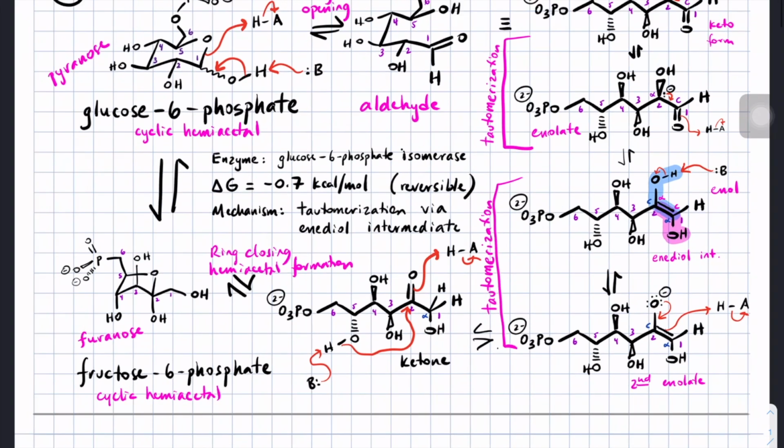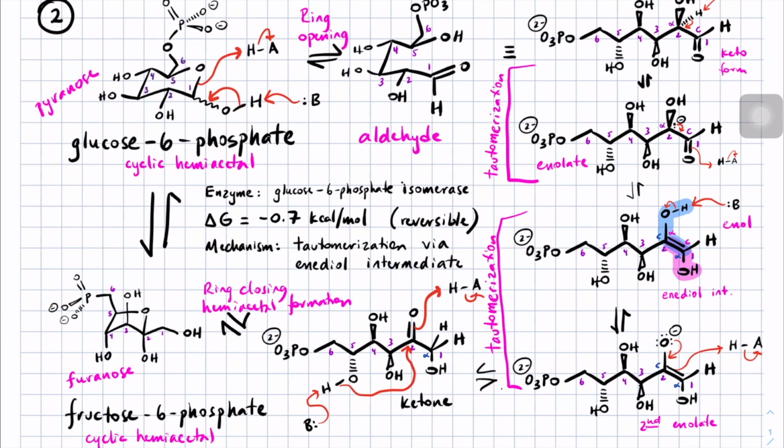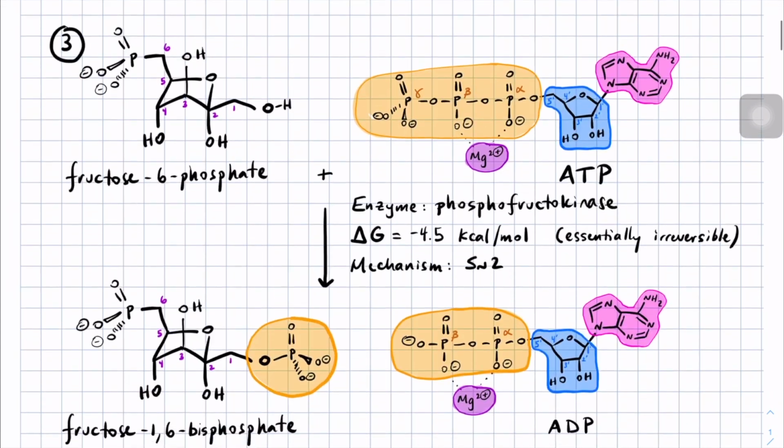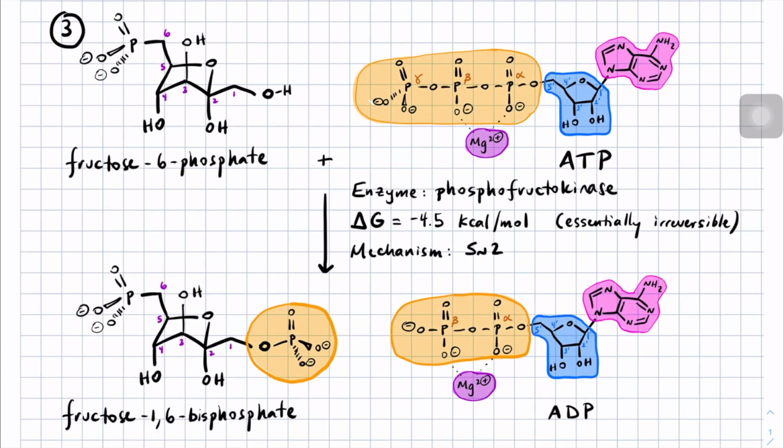Okay, so simple tautomerization reactions get us from glucose 6-phosphate to fructose 6-phosphate. The next step is actually going to be to install another phosphate ester on the C1 hydroxyl group.